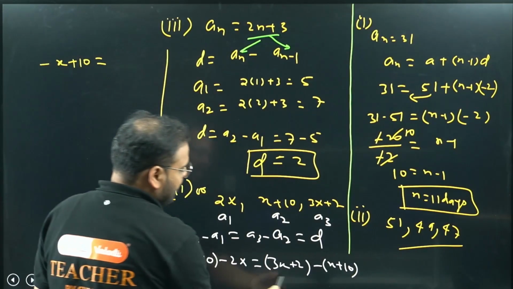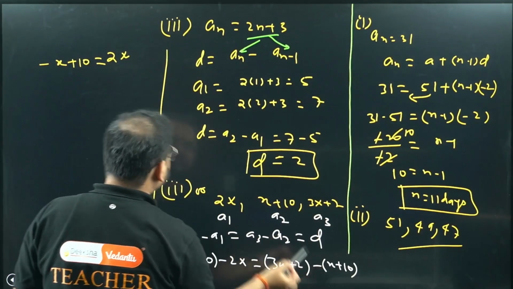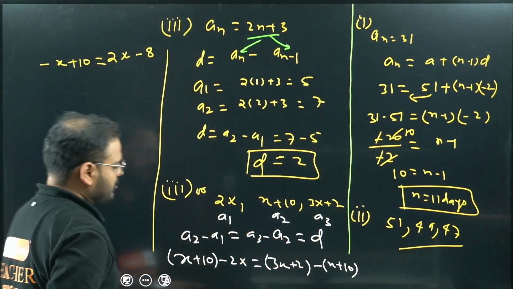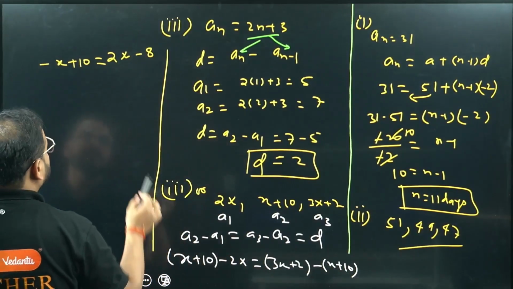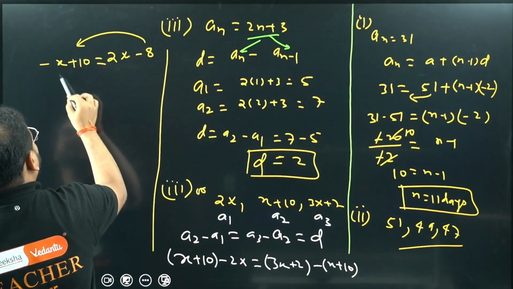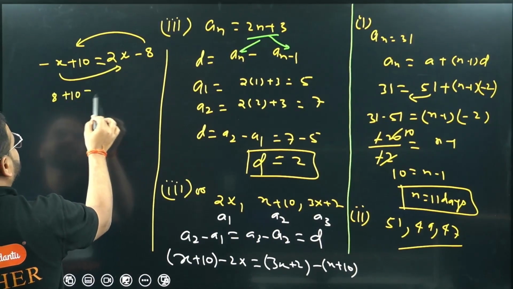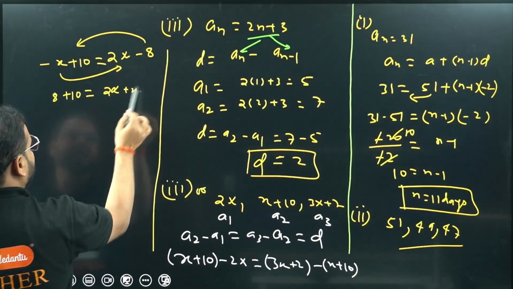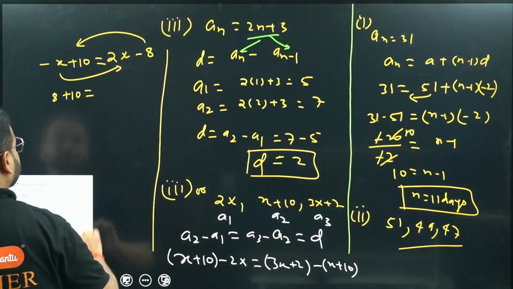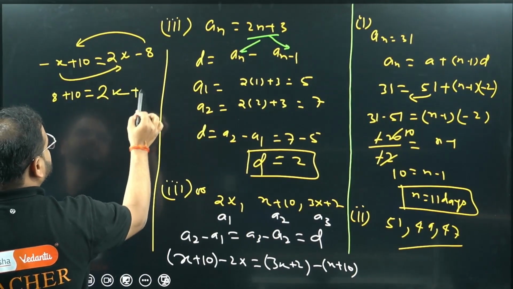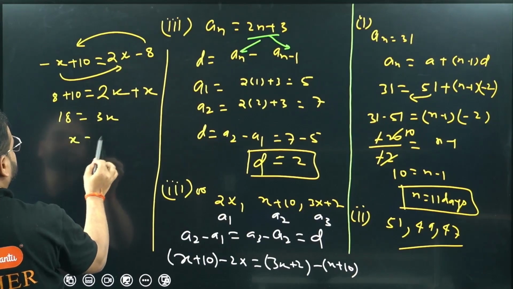On that side, 3x minus x is 2x, plus 2 minus 10, so minus 8. Bring this minus 8 over here and this x over there. I get 8 plus 10 is 18 and 2x plus x, 3x. So x equals 6.